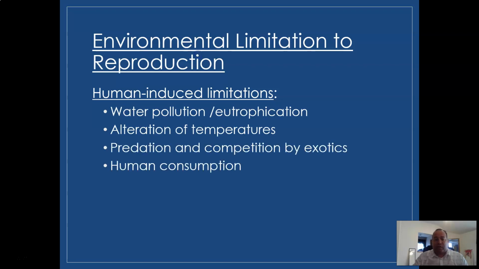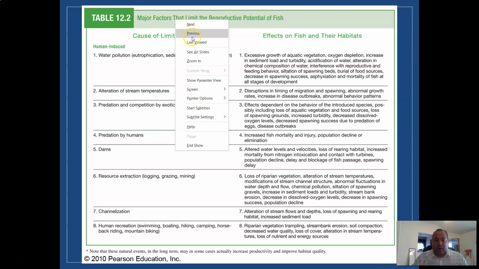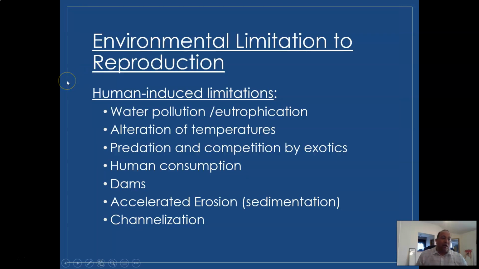And what are our human-induced problems, the ones that can be caused anthropogenically? So water pollution or eutrophication issues, which we talked about before, coming from farming practices; alteration of the temperatures if we're the ones cutting down the trees or reducing riparian habitats; predation and competition.